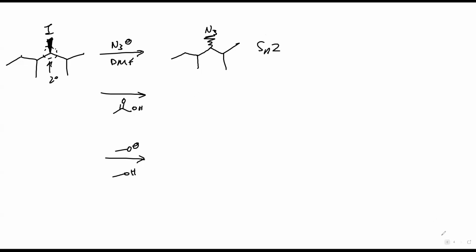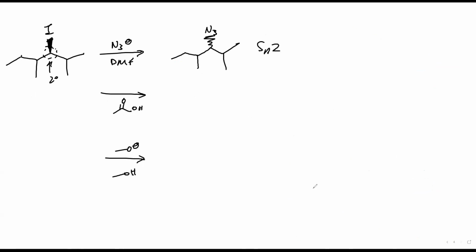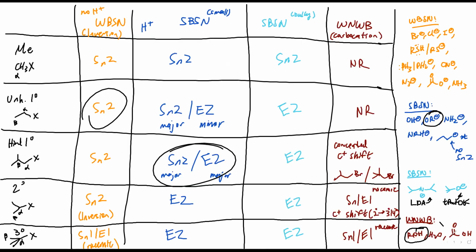Carboxylic acid is the next one. Where do we see carboxylic acid on here? Yeah, it's going to be the weak nucleophile, or the poor nucleophile. And so this is going to be an SN1 reaction.